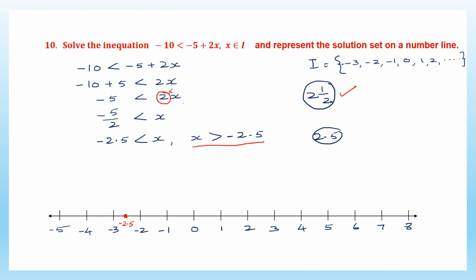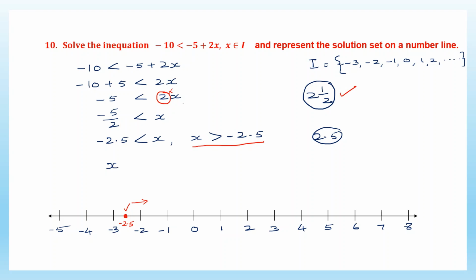That means it's greater than this particular point here. So I include all the numbers that come after minus 2.5, including minus 2. So minus 2, minus 1, 0, all these numbers which are to the right of minus 2.5 are greater than minus 2.5. So that is my solution set.